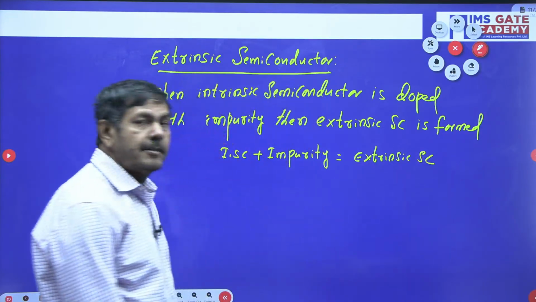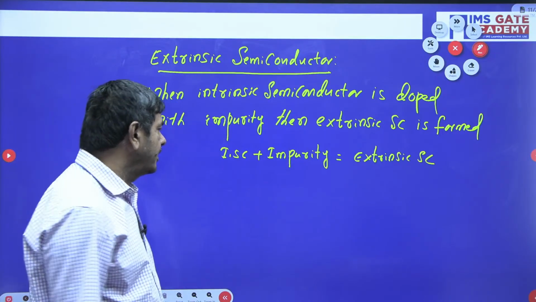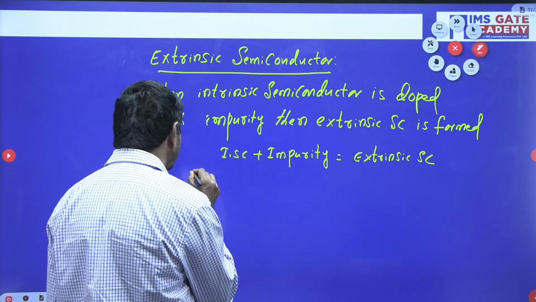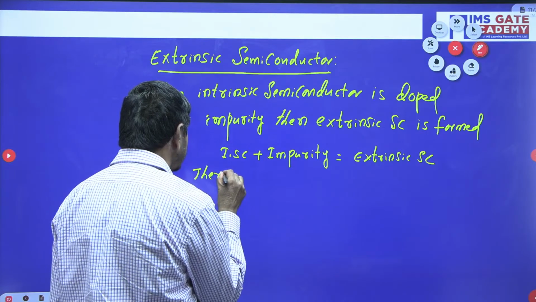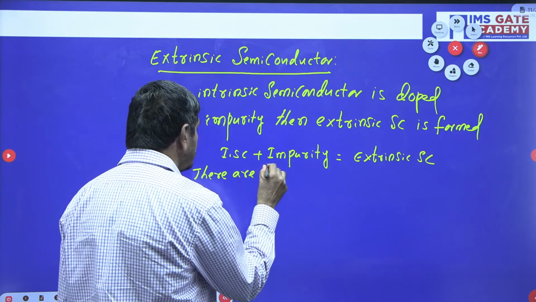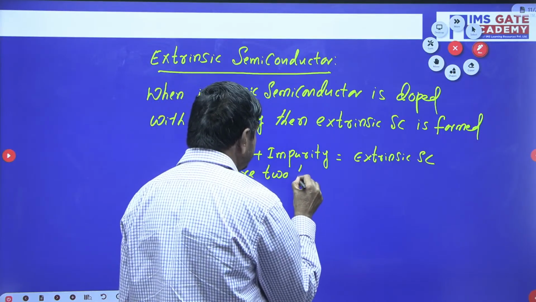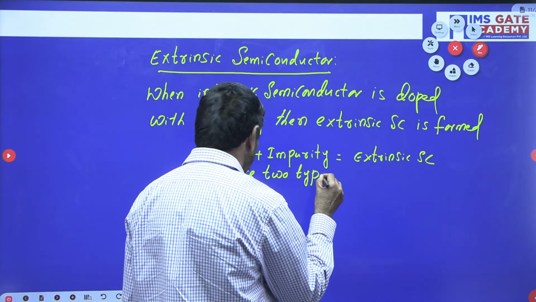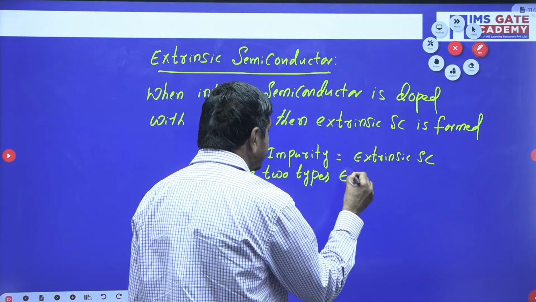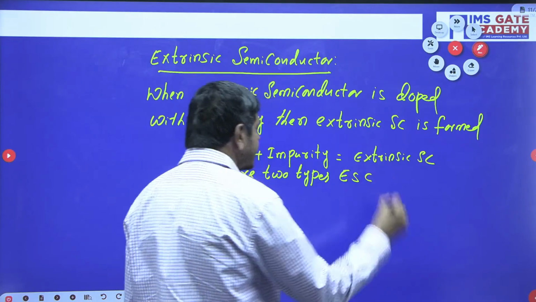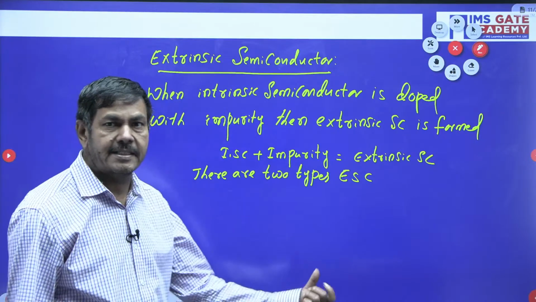But how many types of extrinsic semiconductors are there? Two types. There are two types of extrinsic semiconductor. ESC, extrinsic semiconductor, I have written ESC.